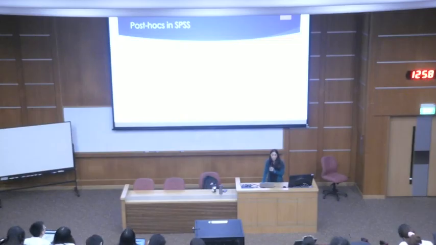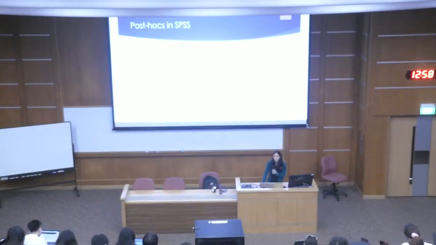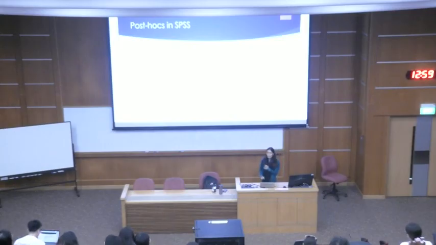But your Scheffé test says there's not a significant difference between any of your three groups. They all belong to the same subset. P is greater than 0.05. Again, these are just more post hocs, different ways in which it's displaying how the difference is here. All right, any questions?